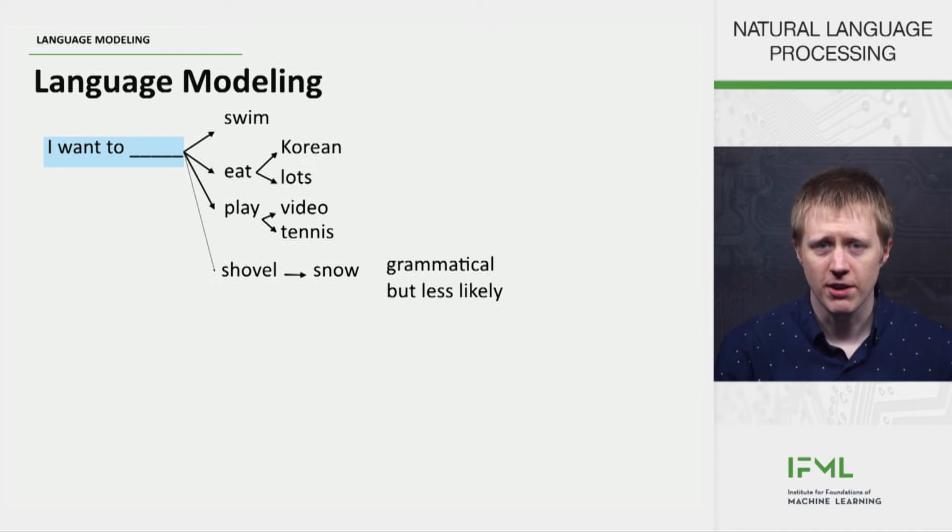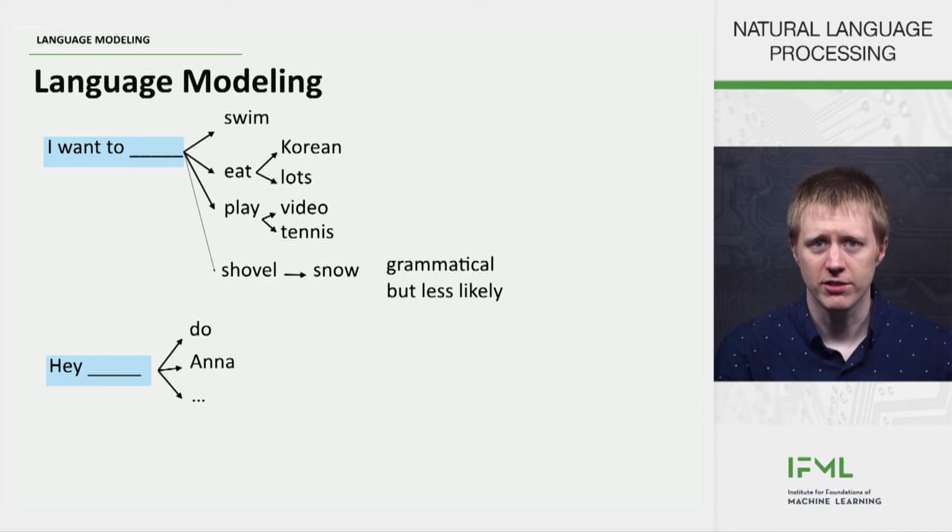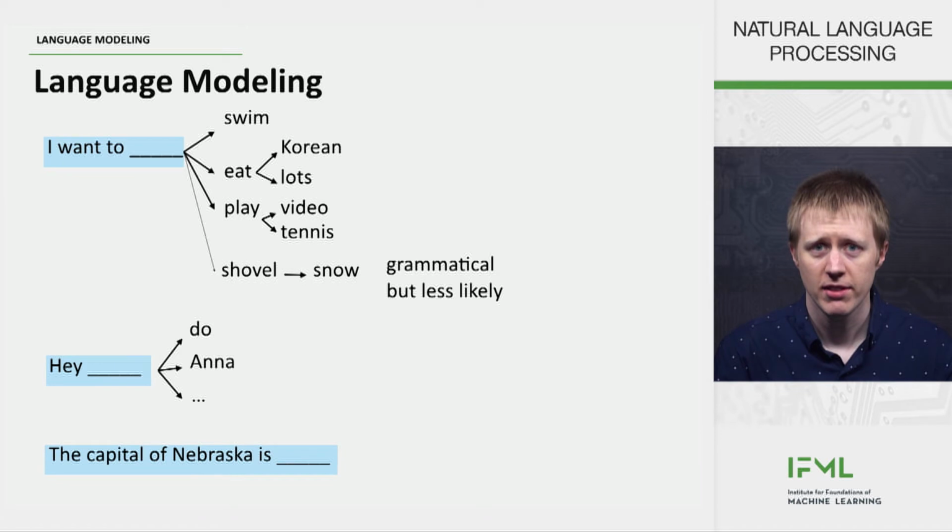So there are a lot of other contexts like "I want to," which can have a lot of things that come after them. So for example, "hey" blank, that's another example. But I ask you also to try to come up with one where there's only one word that can come next. Here's an example I came up with. The capital of Nebraska is blank.